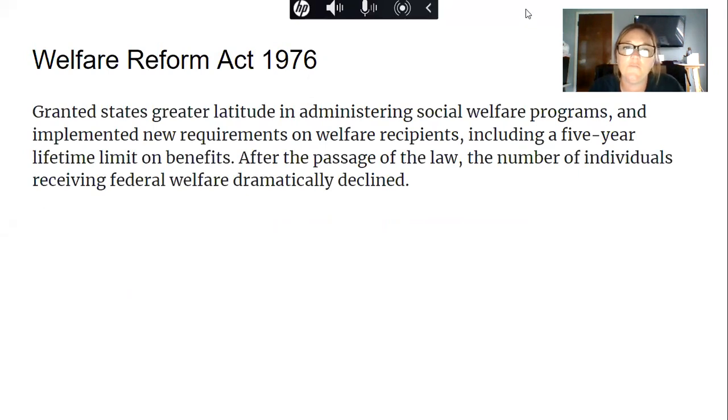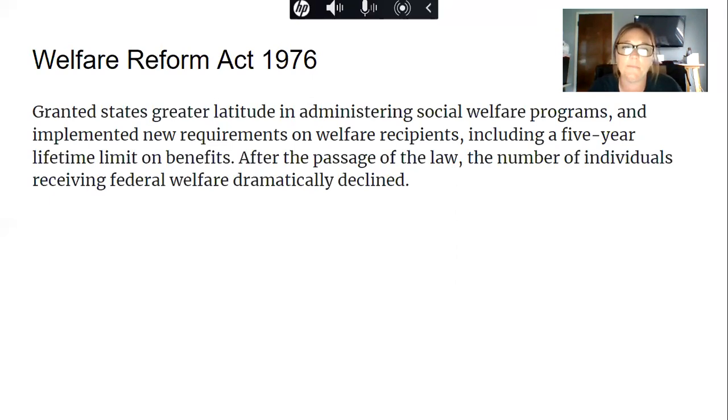Okay, the next one's the Welfare Reform Act, and this was from the 70s again, 1976. What this does is grant states greater latitude in administering social welfare programs. What it really does is cut the number of individuals that would be receiving welfare after this is passed.